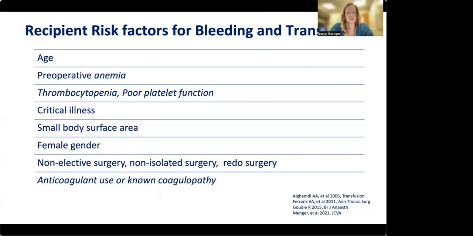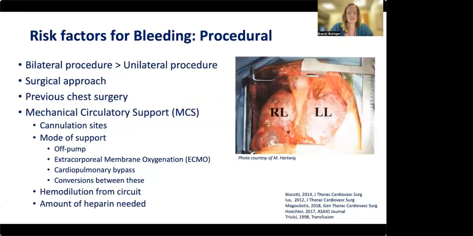Redo surgery is also quite problematic, as well as adhesions in the chest, which make the tissue damage and subsequent bleeding even greater. Anticoagulant use or known coagulopathy are also factors to consider as you're coming into a surgery, and you may be able to switch to an anticoagulant that's easily reversible in those settings.